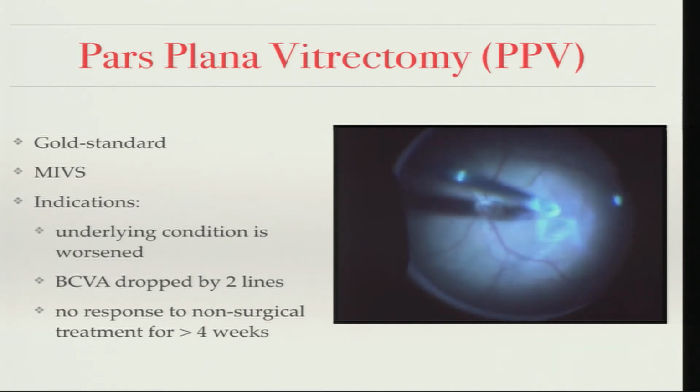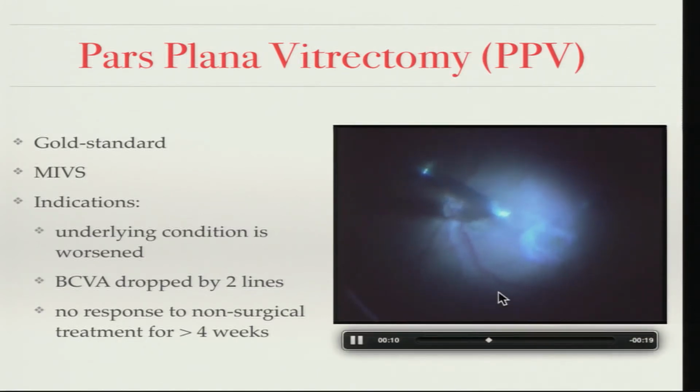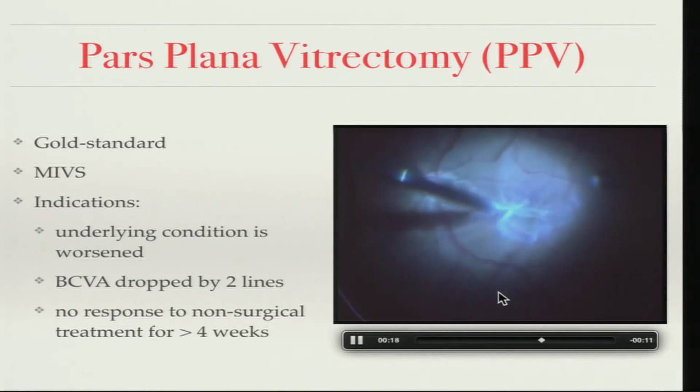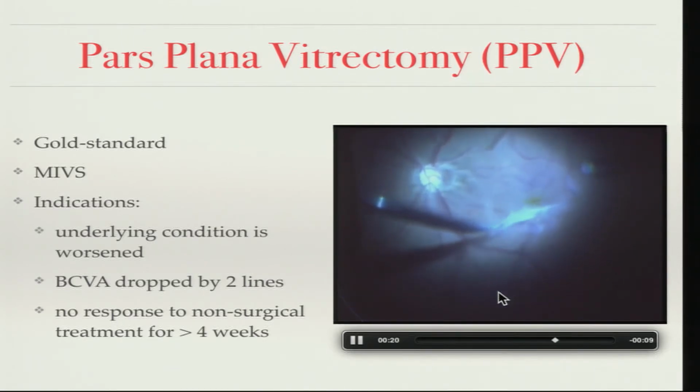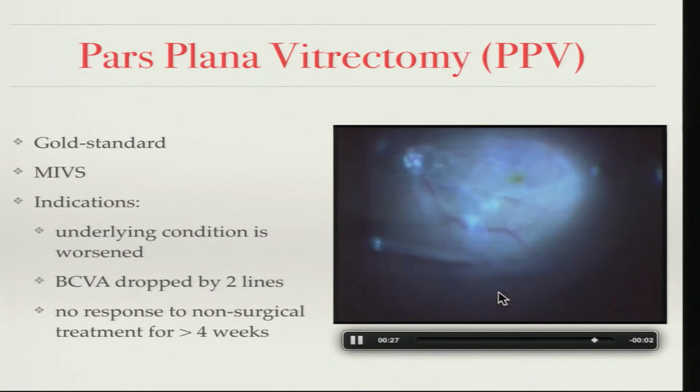Vitrectomy is as simple as creating a PVD and deroofing the vitreous at the macula so that the traction is relieved. This can be done with low suction, or you can even use forceps at times.